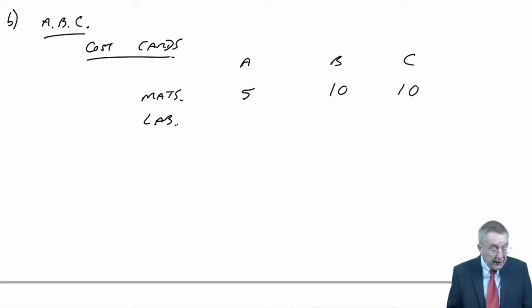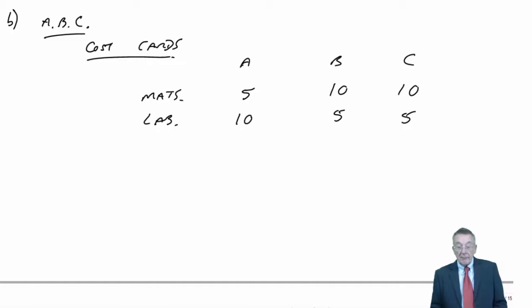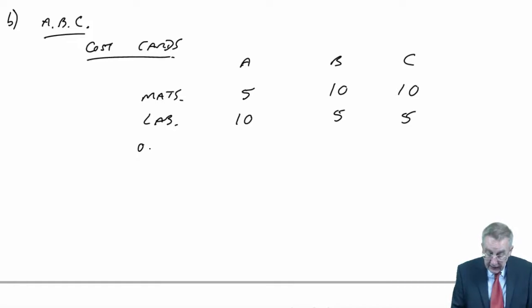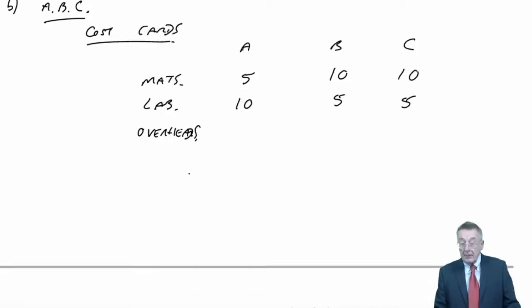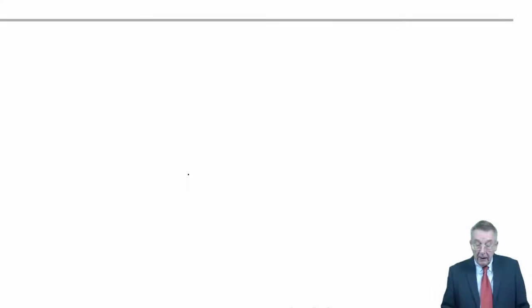The labour per unit, again, 2 hours at $5 for 10, then 1 hour at 5 and 5. It's the overheads where we're going to deal with them differently. And so again, let me do workings, and then I'll come back and finish off the cost cards.